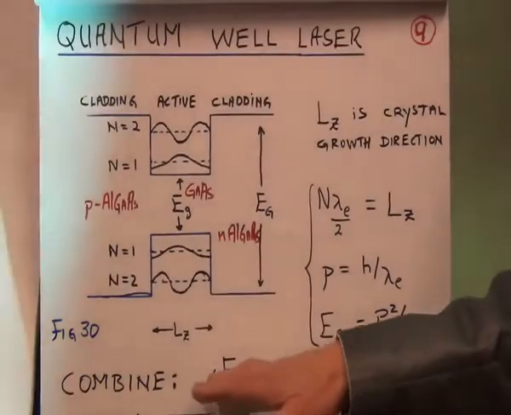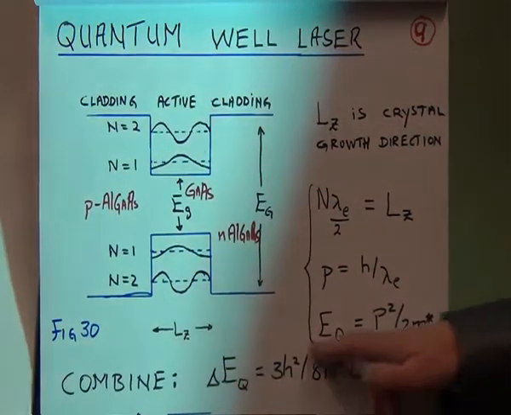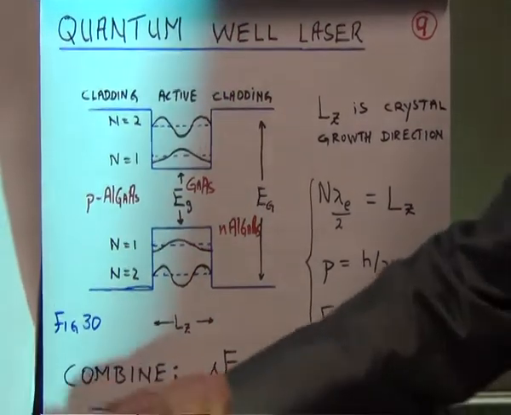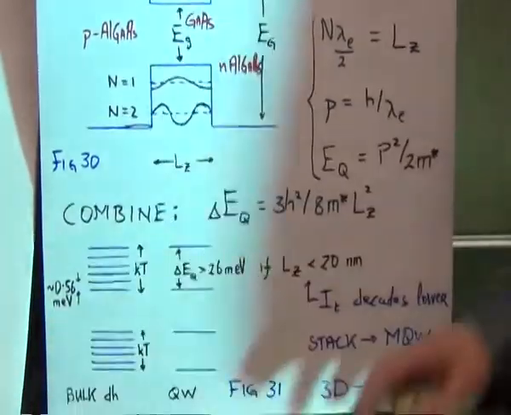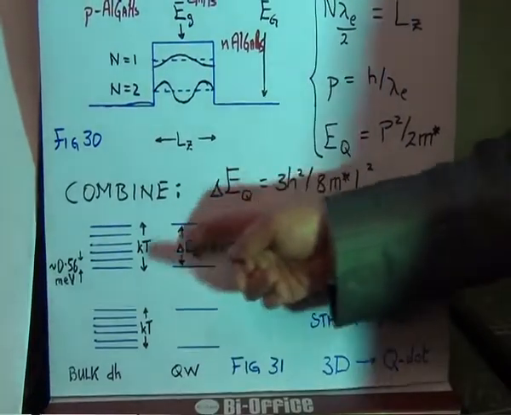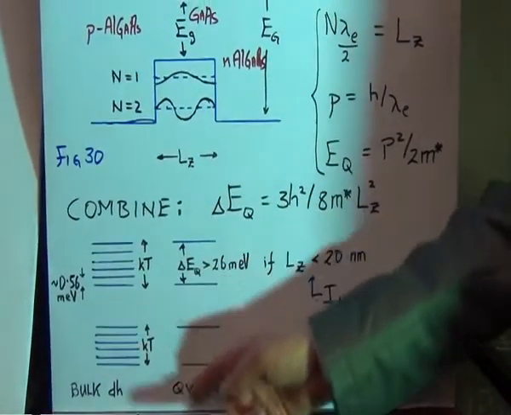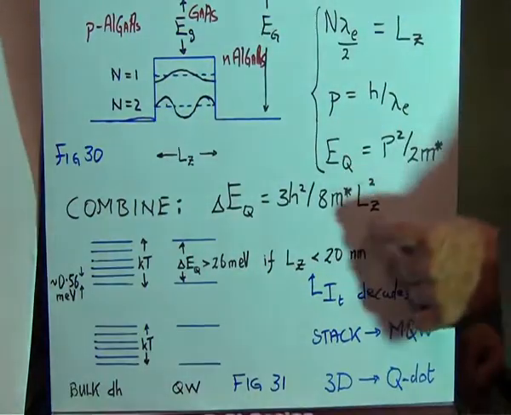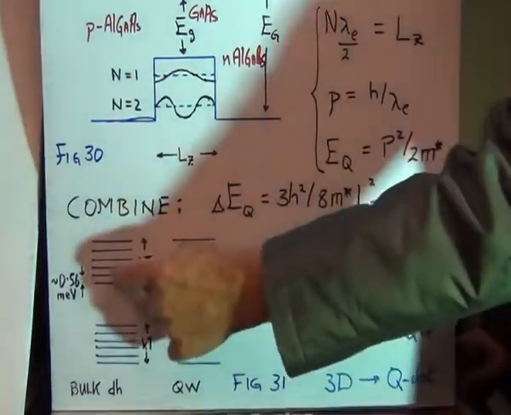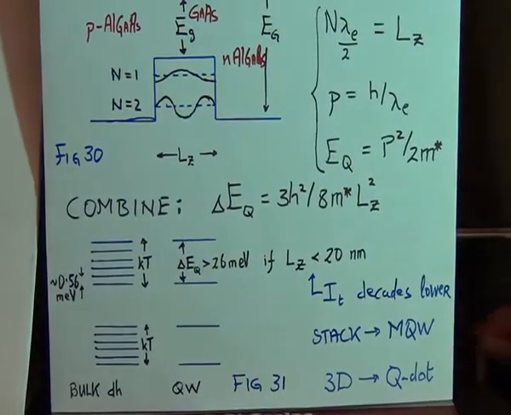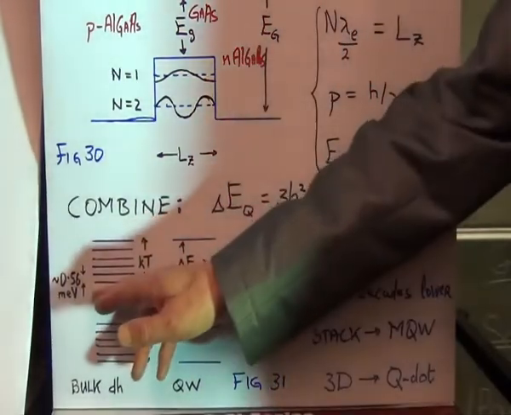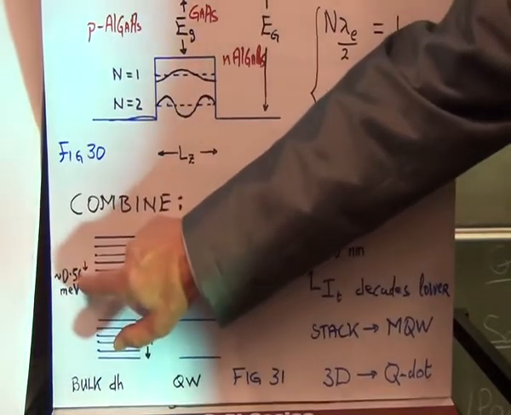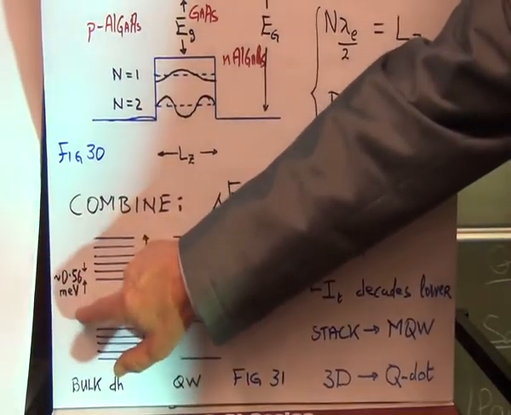Okay, we now just use this energy gap expression to compare bulk semiconductor with our new novel quantum well crystal. This is our quantum well crystal. And if you put an Lz value for a bulk material in there, you'll find that the energy gap between the quantized levels is only about a fraction of a milli electron volt.